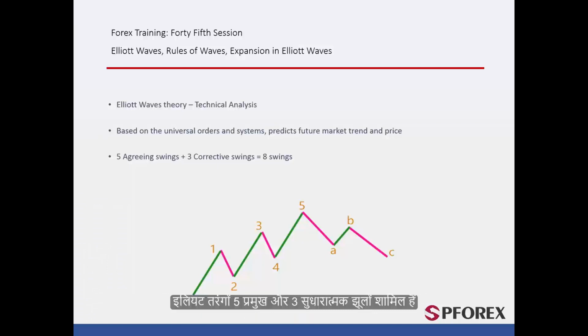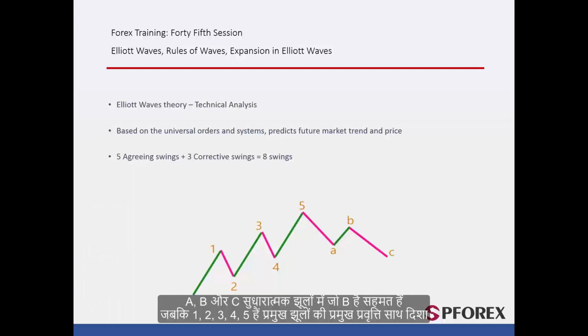Elliot Waves includes 5 major and 3 corrective swings. Numbers 3, 5 and 8 are available on Fibonacci sequence. The major swings are 1, 2, 3, 4, 5, while A, B and C are corrective swings, in which B has agreeing direction with the major trend.